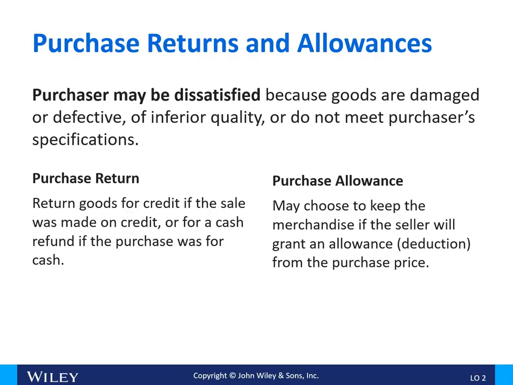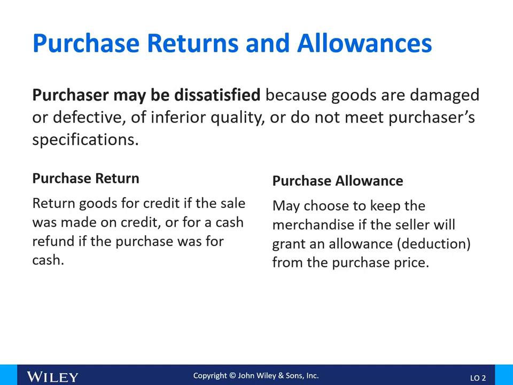So if there are goods that are of a lesser quality, but they're still decent, and the buyer thinks they can sell them to their customers, they may contact the seller and say, this is not what we ordered or thought we were going to get. We don't want to pay this much for it. We'll hang on to it if you give us a discount of X amount.